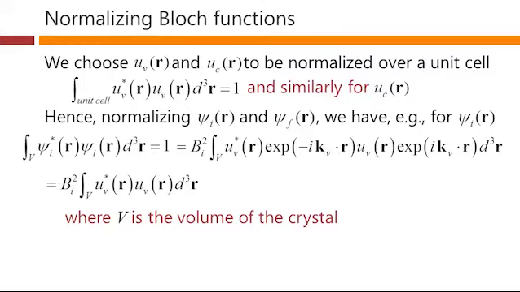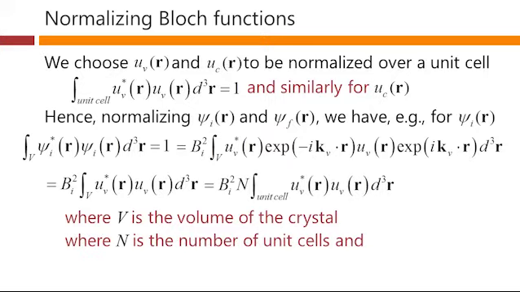Well, we know what the unit cell functions integrate to over a unit cell. That's just 1. And the volume here is just the total number of unit cells times the volume of the unit cell. So this integral over volume is the same as N times the integral over the unit cell. Integrals over any one unit cell give us the same thing. It doesn't matter which unit cell we choose.